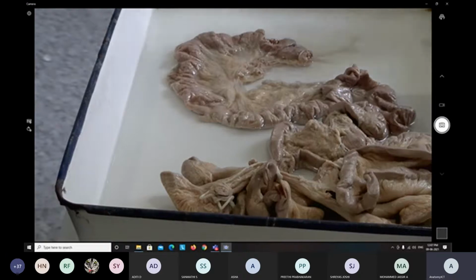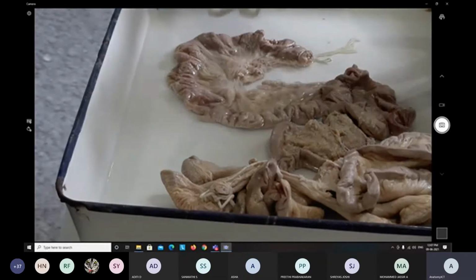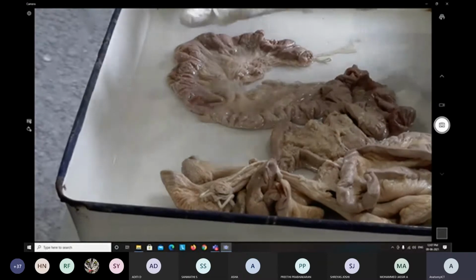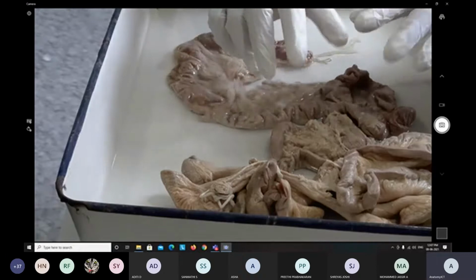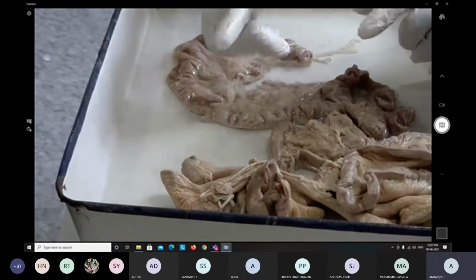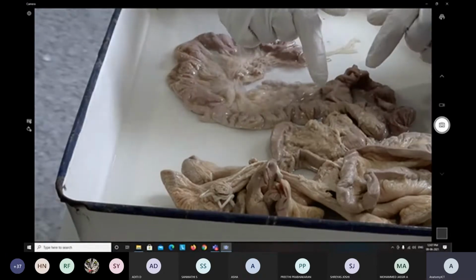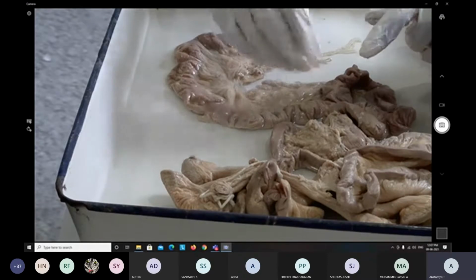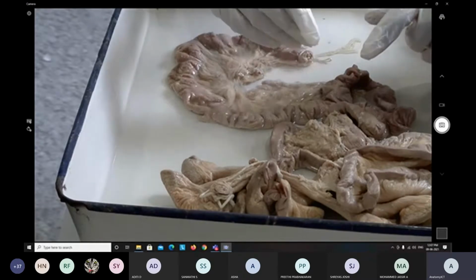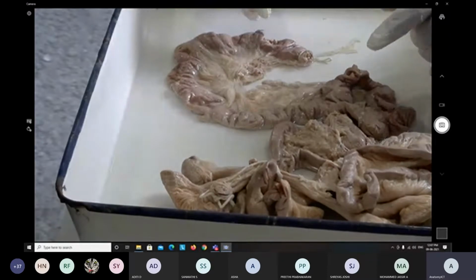So that is the reason one should know the length and the parts of the intestine anatomically. Then they have to understand the layers, external to internal, and the functions of each layer, which is most important.